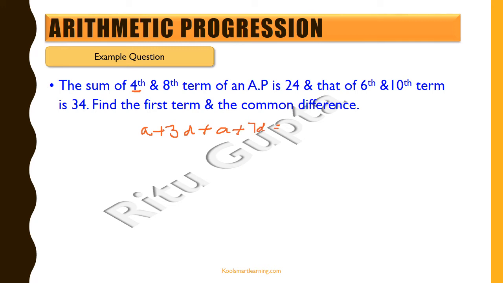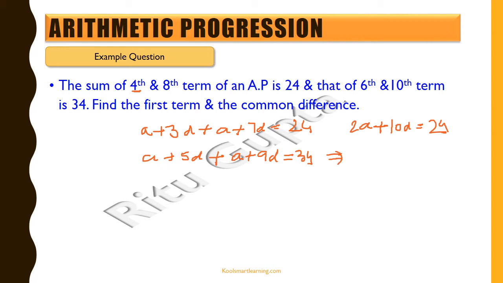This is given to be 24. So we can say 2A plus 10D is equal to 24. In the second case, the 6th term, which is A plus 5D, plus the 10th term, which is A plus 9D, is given to be 34.